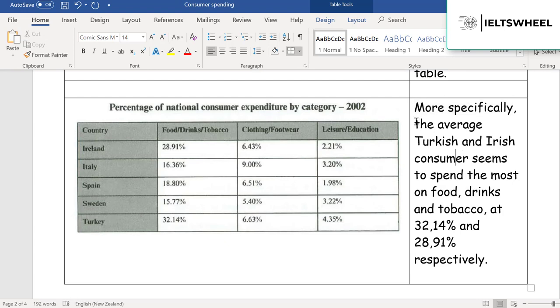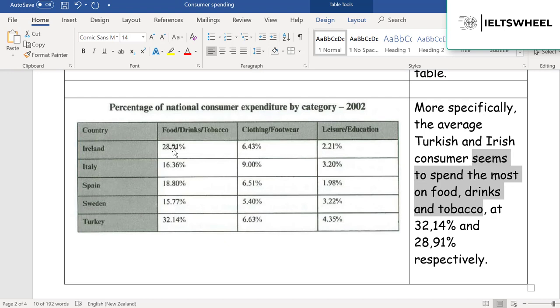So more specifically, the average Turkish and Irish consumer. Okay, so now we're looking at the average Turkish consumer in the first category, and then Irish consumer, so we're looking at Ireland here. Okay, and then seems to spend the most on food, drinks, and tobacco.